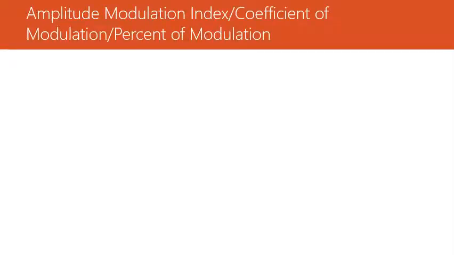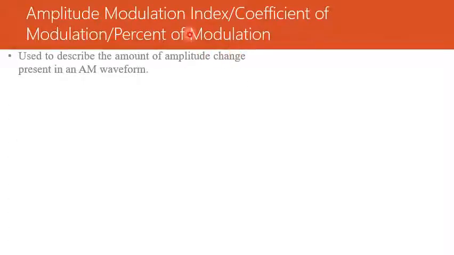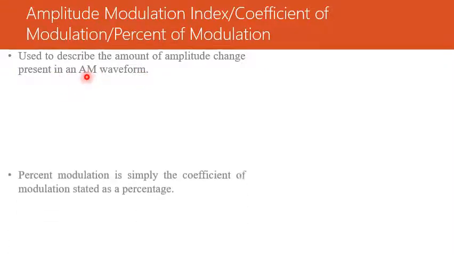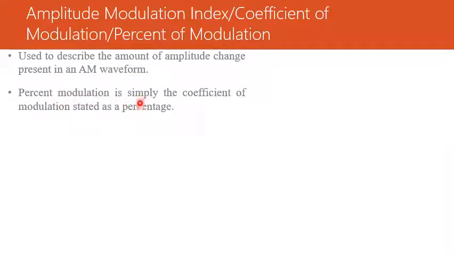Next we will discuss what is amplitude modulation index, or coefficient of modulation, or percent of modulation. The coefficient of modulation is a term used to describe the amount of amplitude change present in an AM waveform, and percent modulation is simply the coefficient of modulation stated as a percentage.